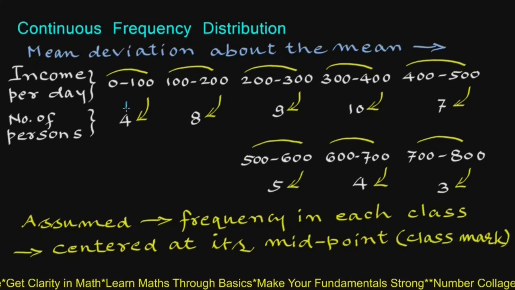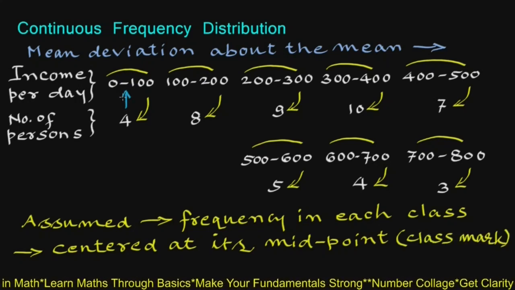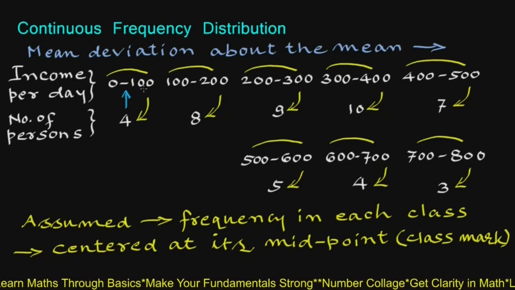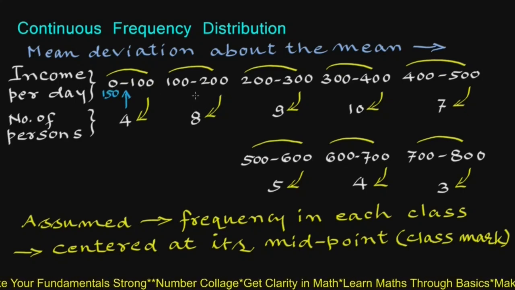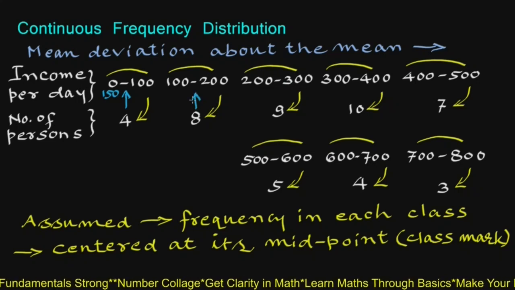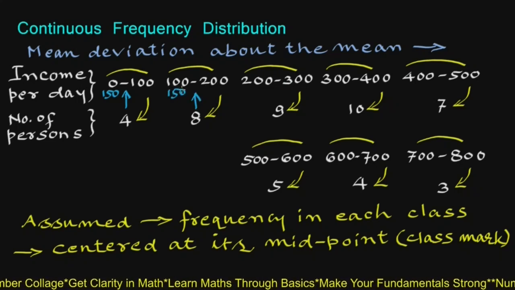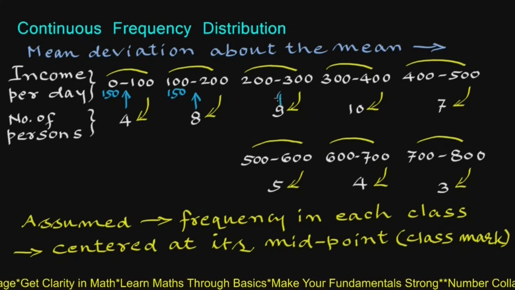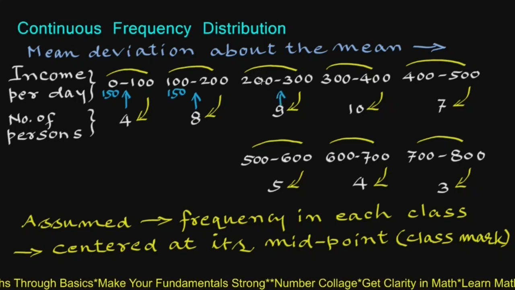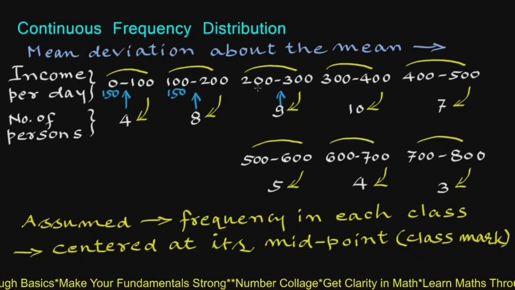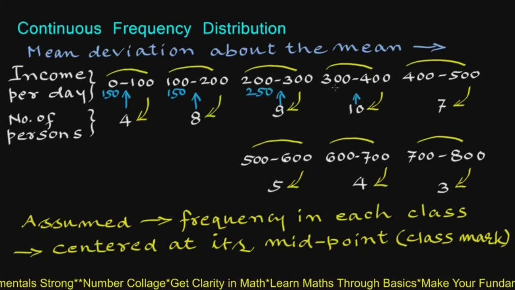So frequency 4 is centered at the class interval 0 to 100, which is 150. Frequency 8 is centered at class interval 100 to 200, which is 150. Frequency 9 is centered at class interval 200 to 300, which is 250, so on and so forth.